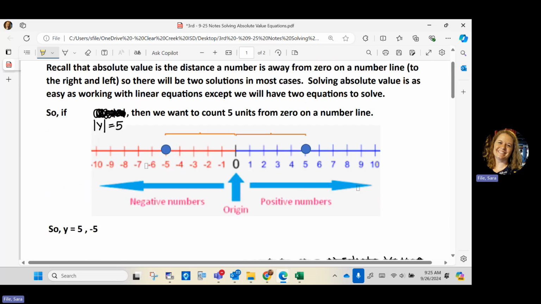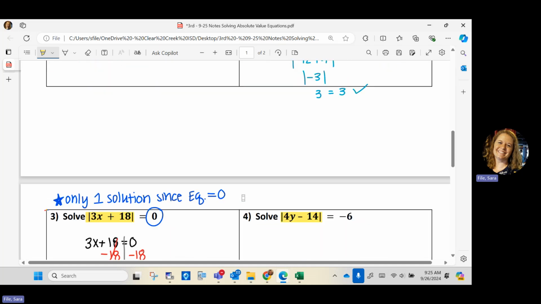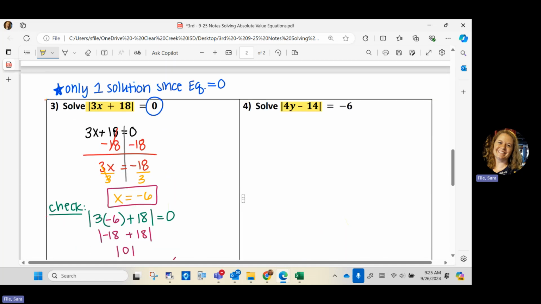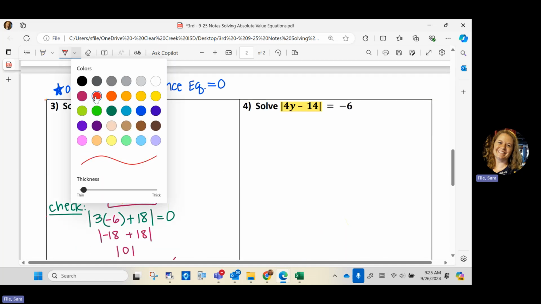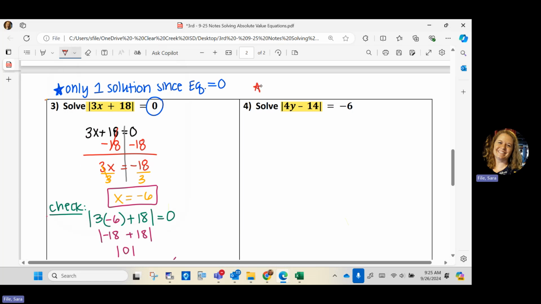We said the input, y in this case, can be positive or negative to get a positive output. There's no way to get a negative output when we do absolute value though. So this is another special case. Okay, so I'm going to put a star above this one also. Okay, because of that negative, there is no solution.